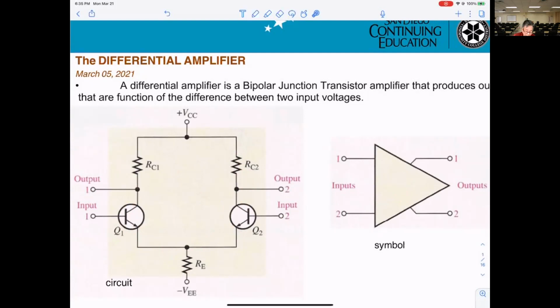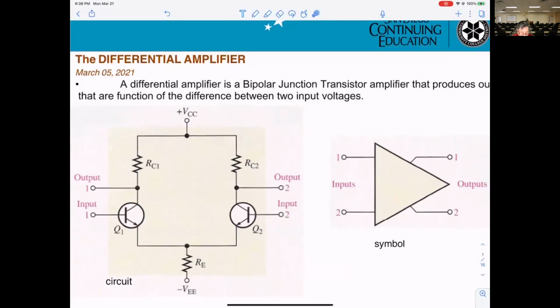A differential amplifier produces an output that is a function of the difference between two input voltages. When you get input voltage 1 and 2, that's what we call differential. Inside that symbol is this circuitry here.